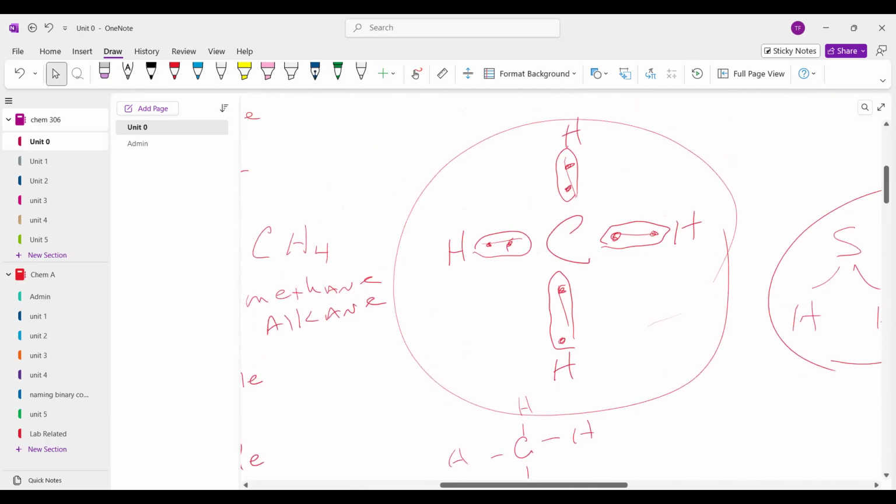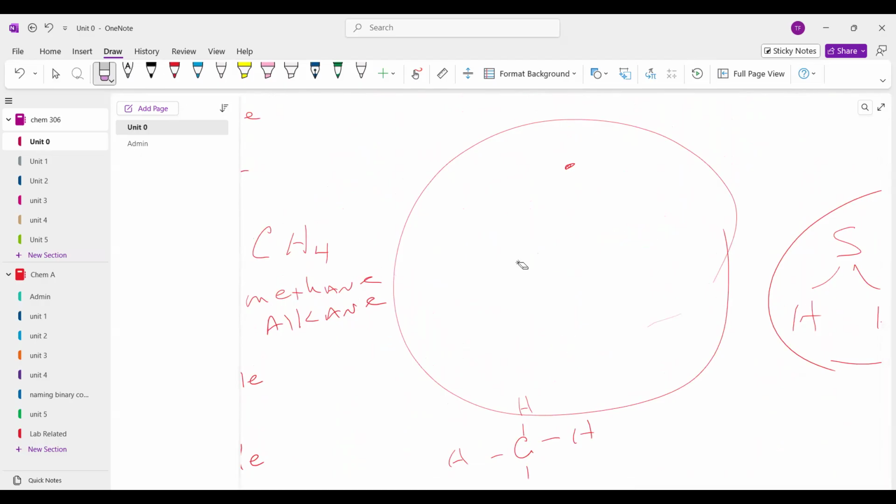The first thing you do is you put down the core element. Let's simplify this before we go any further. Let's say we're looking at CH4, methane. The first thing you do is you put down the core element, which is carbon.